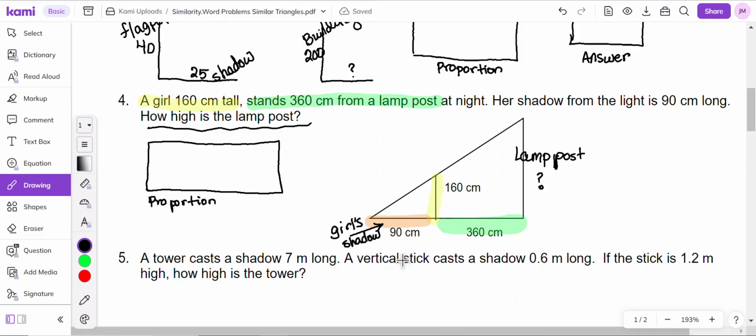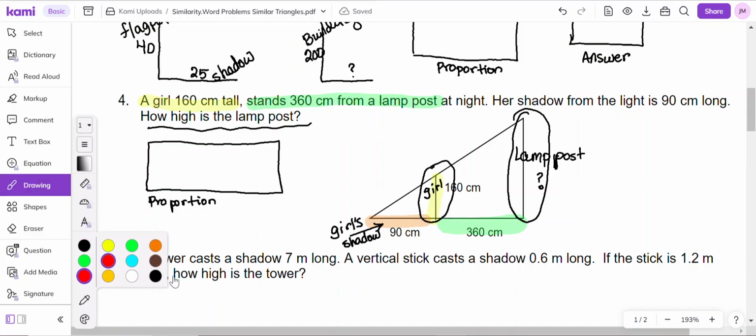All right, so how do we know who's going to go with who? Well, the easy one is going to be this. The girl is going to correspond to the lamppost. The girl's shadow is going to correspond to whom? Huh?